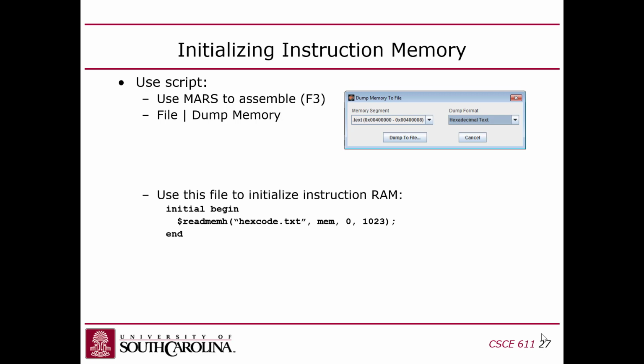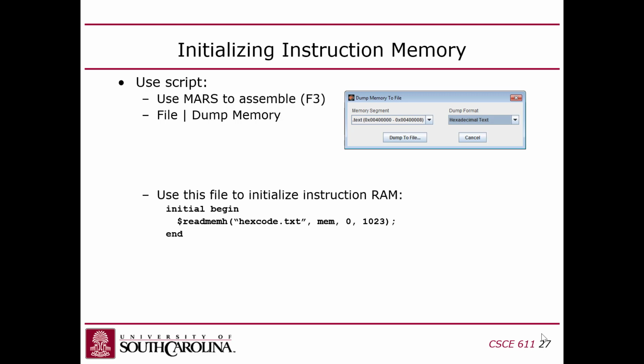Okay, so how do we load a program then? How do we get a program into the CPU? It turns out, and this was just by luck, I was actually shocked when I found out how easy this is.